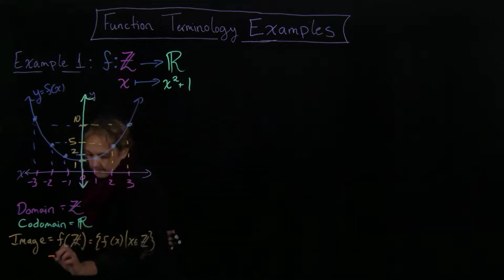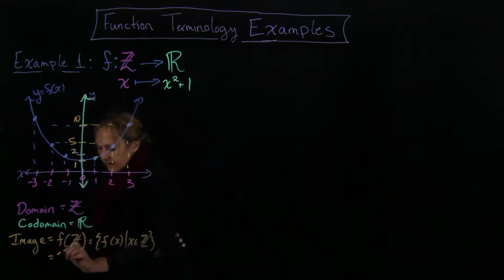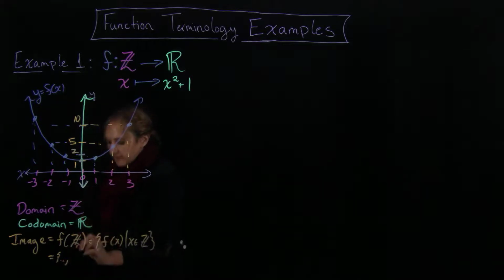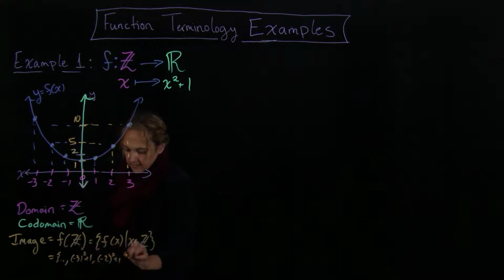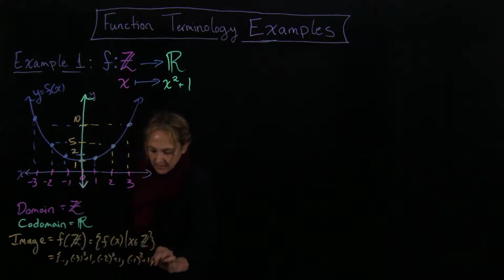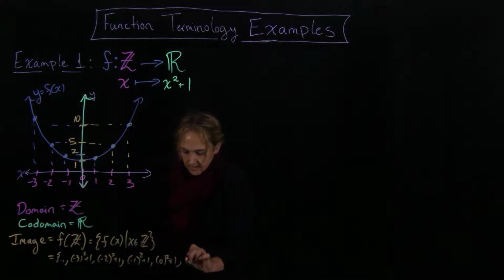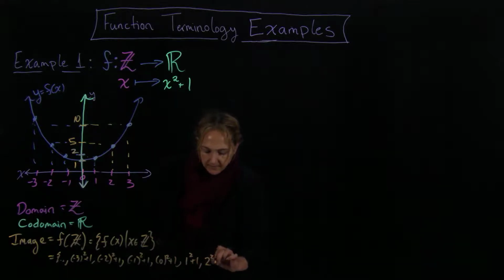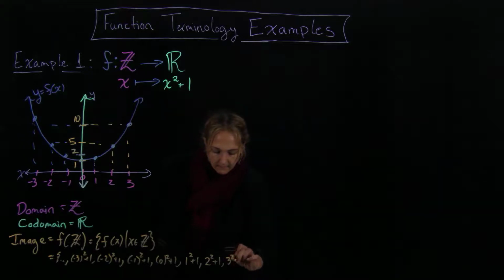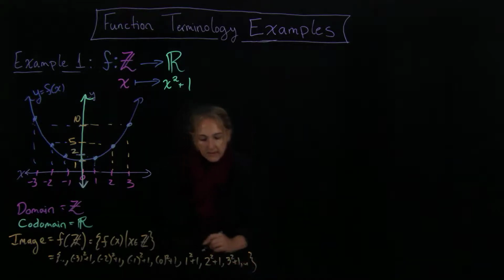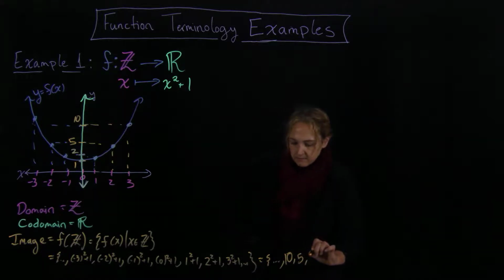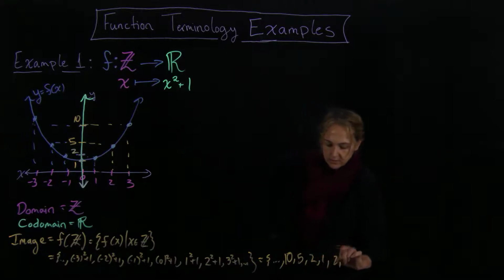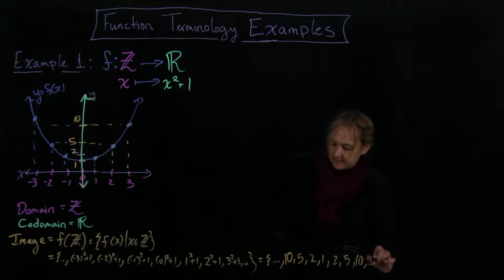I look at what happens when I put in -3 squared plus 1, -2 squared plus 1, -1 squared plus 1, 0 squared plus 1, 1 squared plus 1, and we can keep going. So I have 10, 5, 2, 1, 2, 5, 10, but I have duplicates, so I wouldn't write it like that.